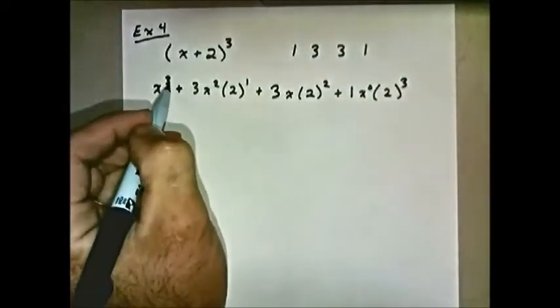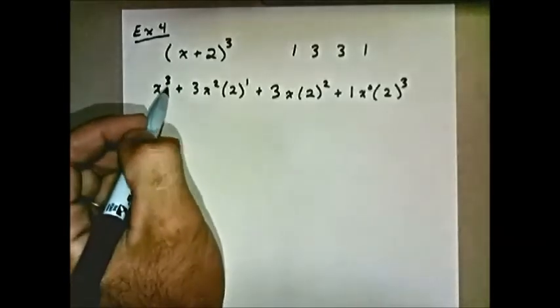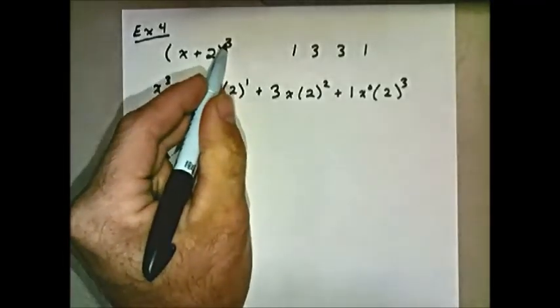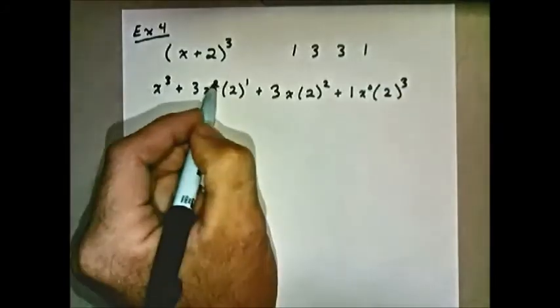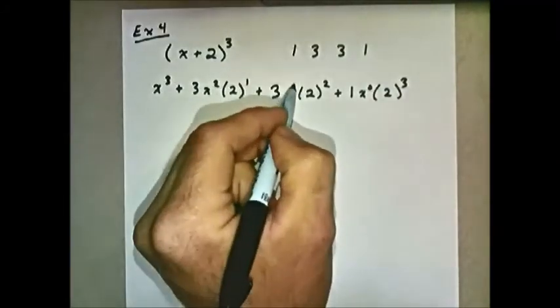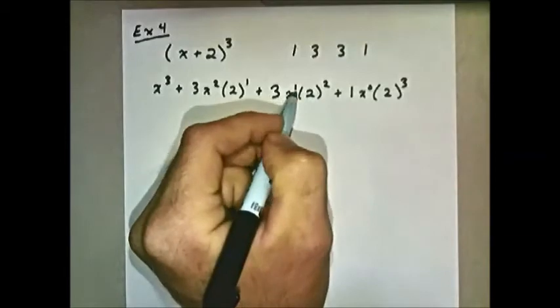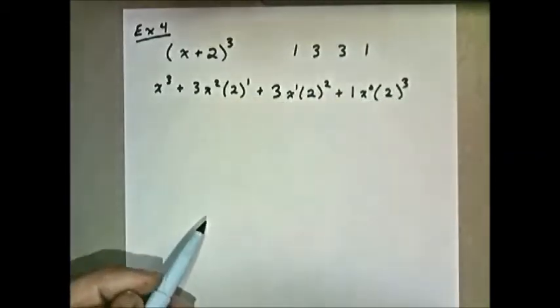Again, notice all of my exponents are going to add up to be what my original exponent was. So 3, 2 plus 1 gives us 3, 1 plus 2 gives us 3, and 0 plus 3 gives us 3.